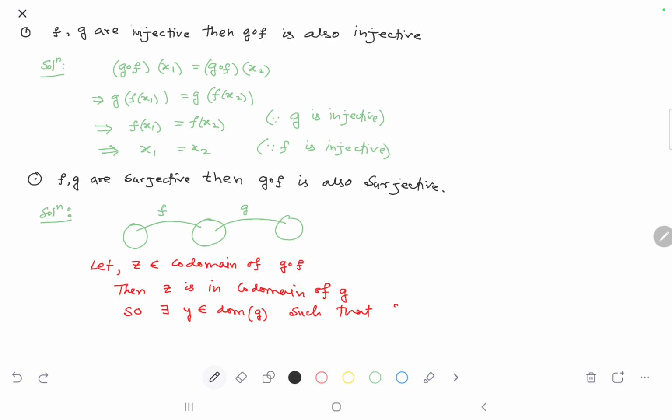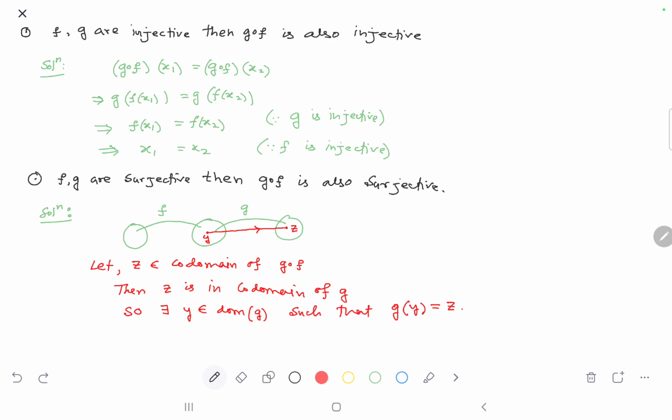So we took here an element z, and it will have a pre-image under g. So y maps to z.